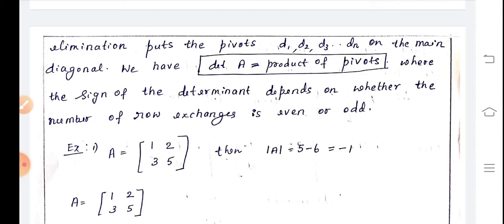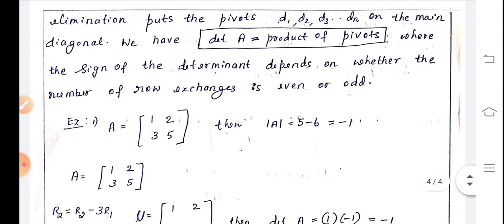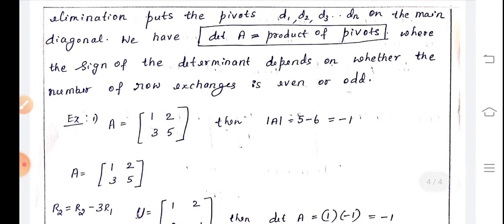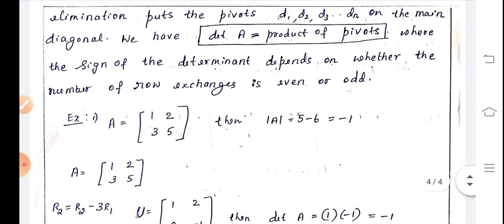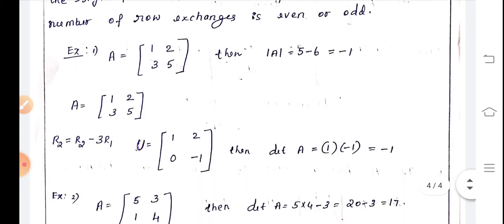Suppose we exchange rows 2 times, then the determinant is -1 into -1 into determinant of the matrix. Suppose we exchange the rows 3 times, then the determinant is -1 into -1 into -1 into determinant of U.